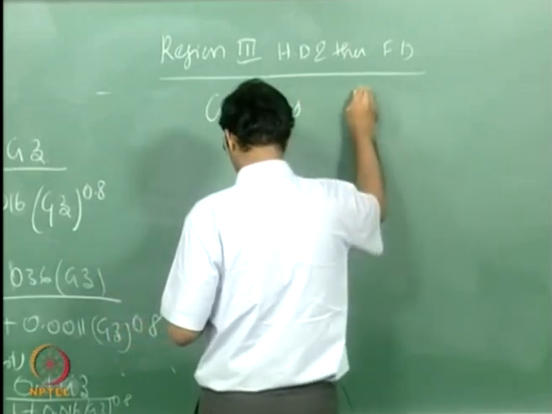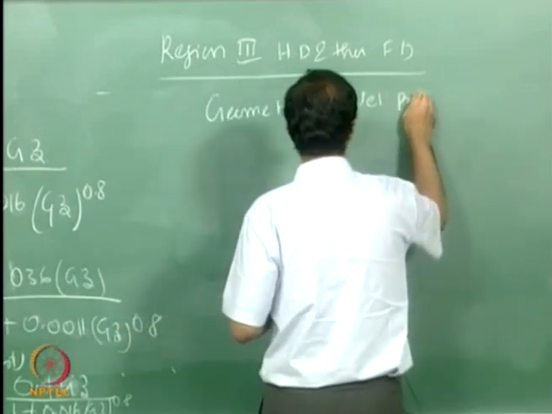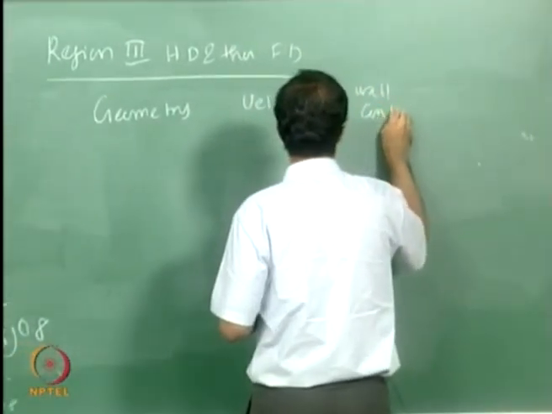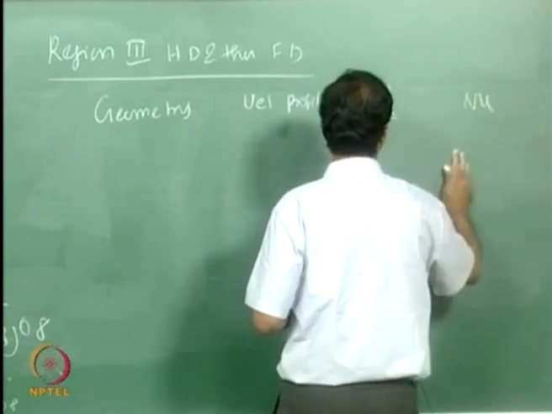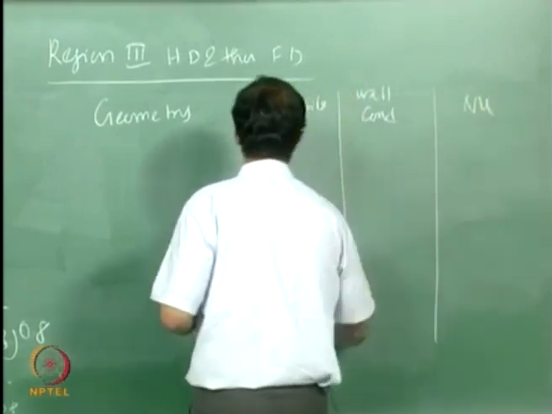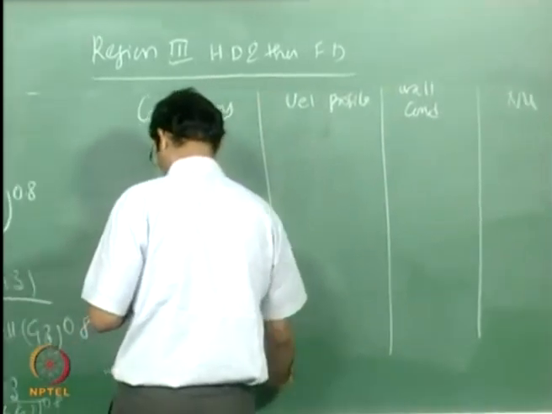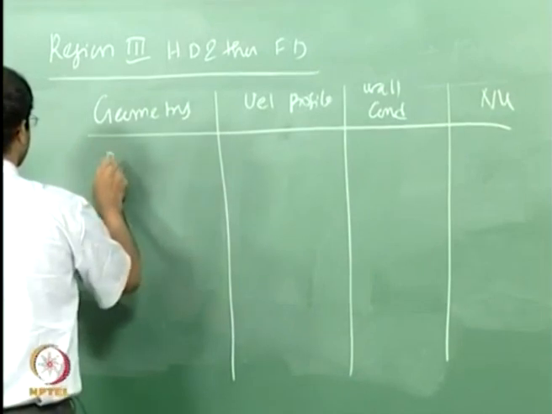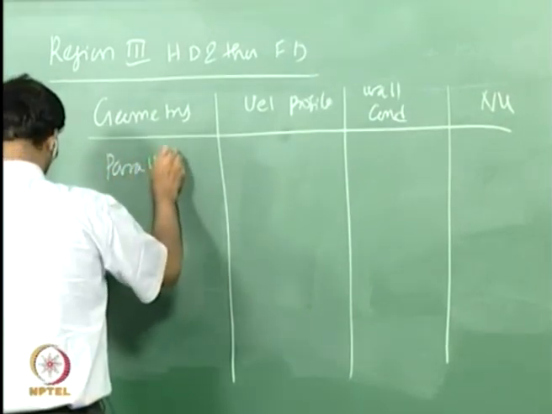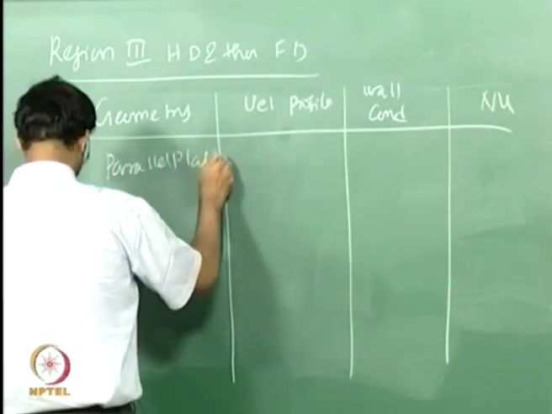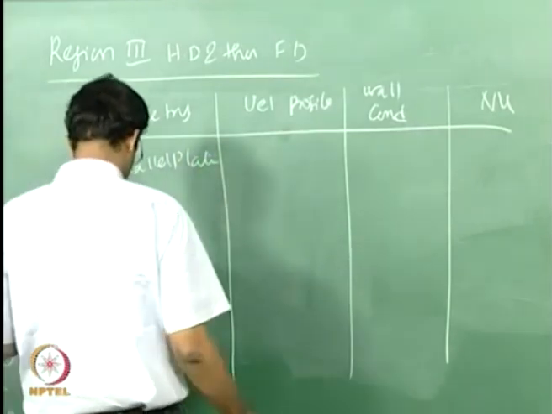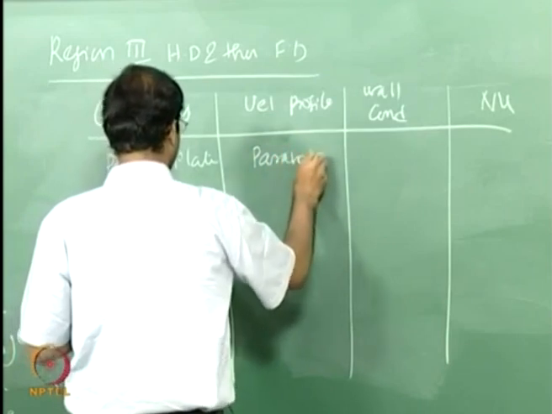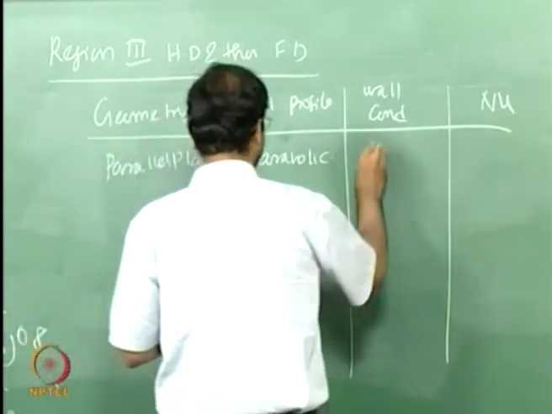So geometry, velocity profile, wall condition, and the corresponding fully developed Nusselt number. Okay, we will start with a parallel plate, with a parabolic profile, and Q wall is constant.